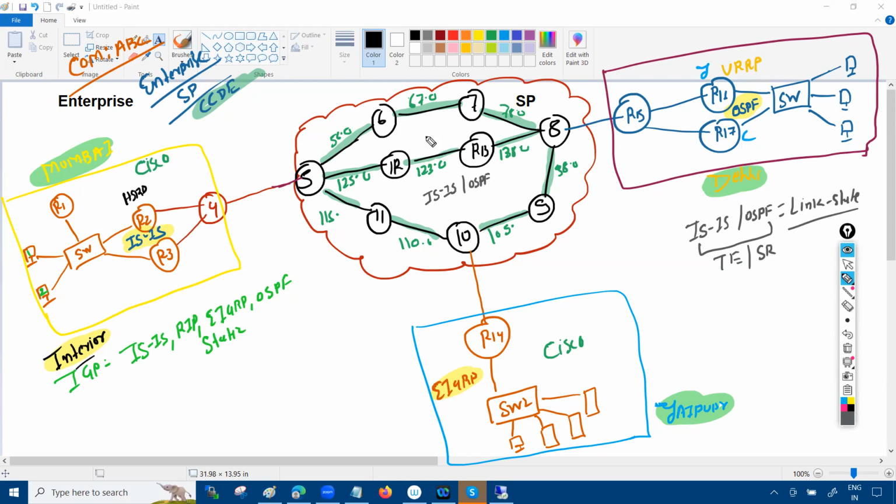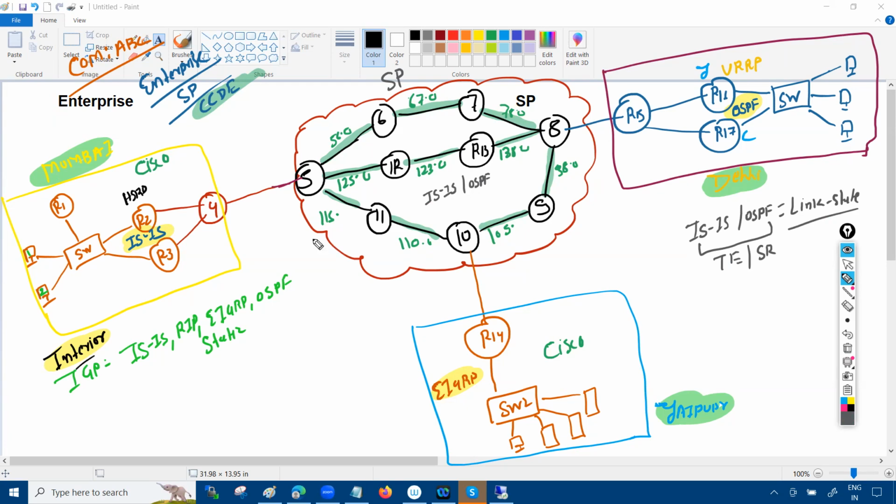But in the service provider network, we are going to run traffic engineering, so I have to go with a link state routing protocol. Now you may have a question, which protocol, IS-IS or OSPF? We'll see that later on. So to provide the reachability between all the subnets, I run one of the protocols, either OSPF or IS-IS.